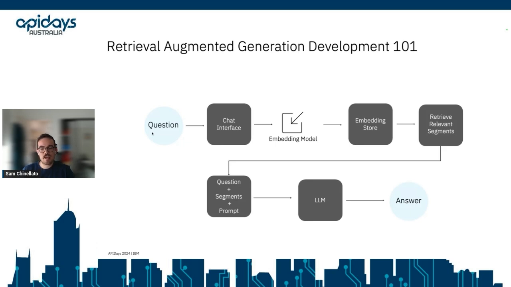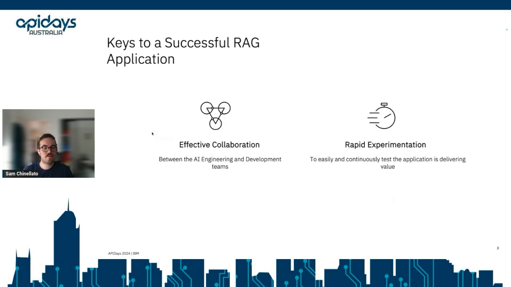But what makes RAG applications successful? Well, in our experience, there are two key success criteria for an AI application. Firstly, a successful AI application requires effective collaboration between your AI engineering team and your development team.